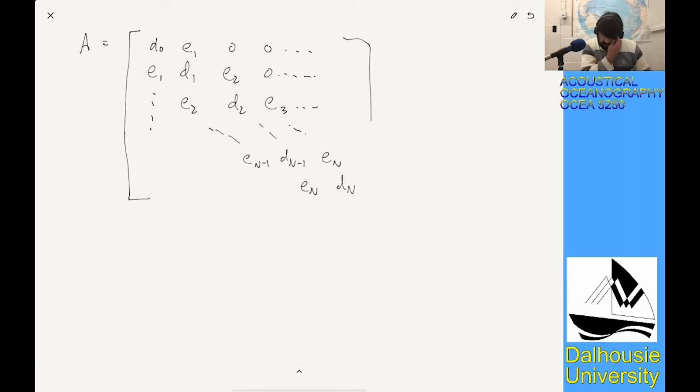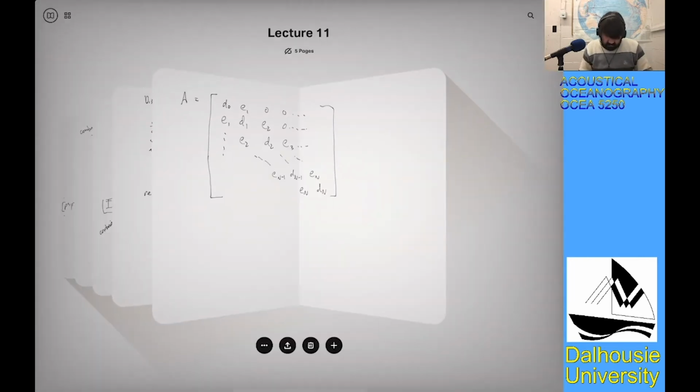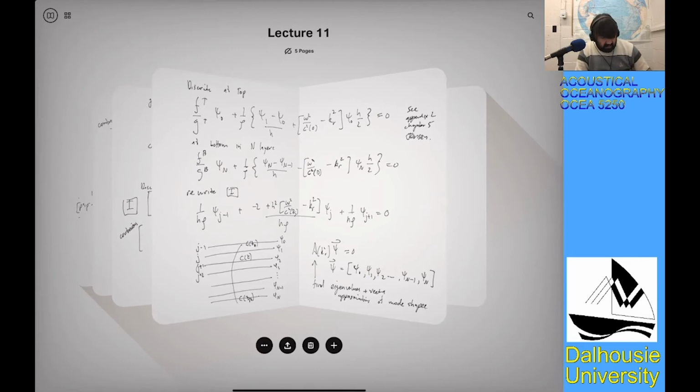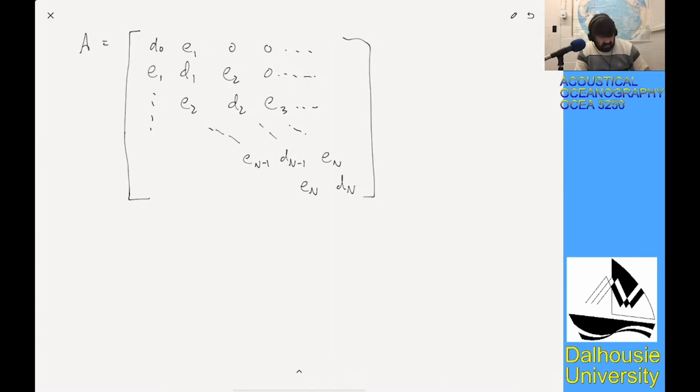Now if we go back to our equation here, what are those tridiagonal entries going to actually look like? We can do some simplifying. D_j is going to be minus 2 plus h squared omega squared over c squared evaluated at z_n, minus k_r squared, all over h rho.